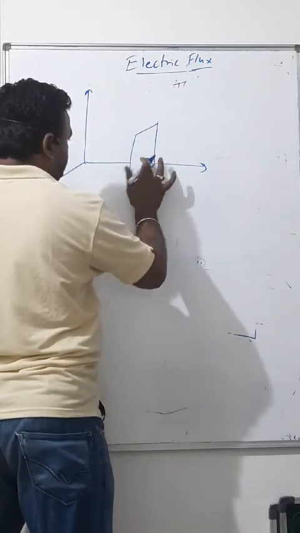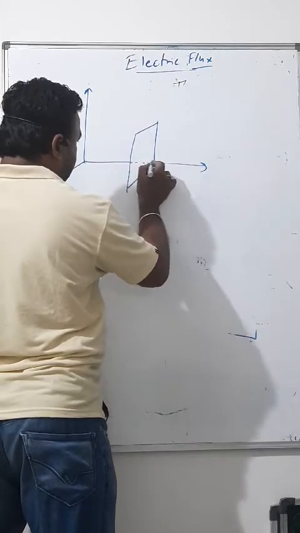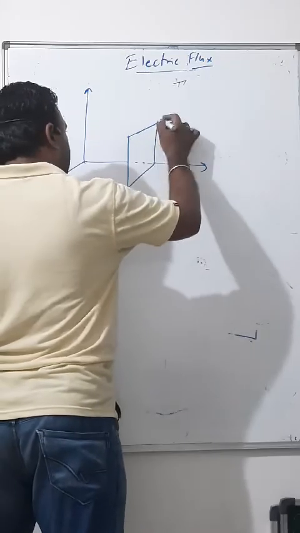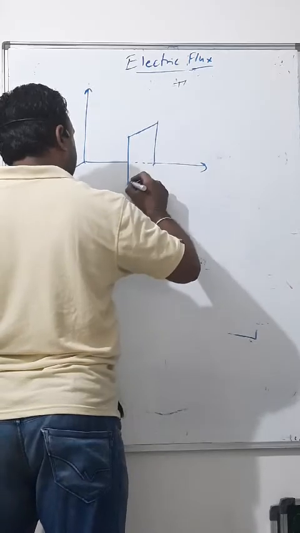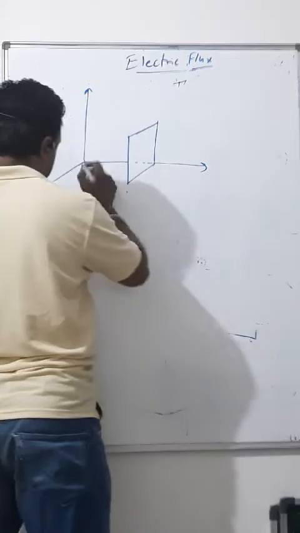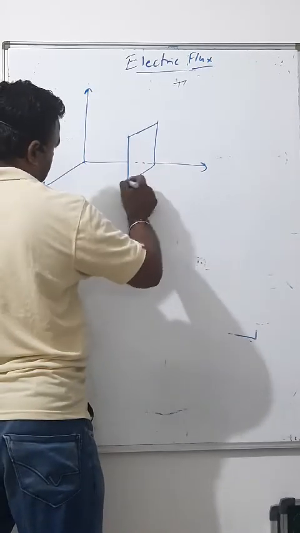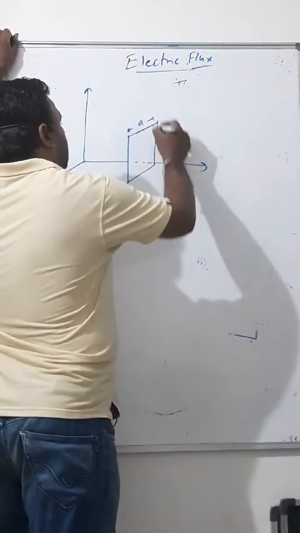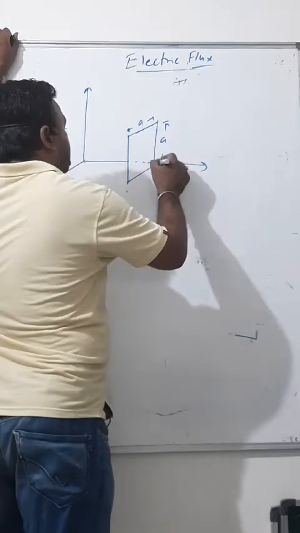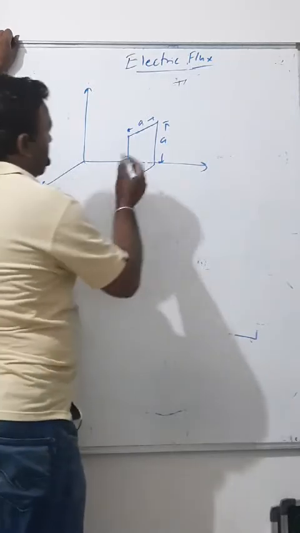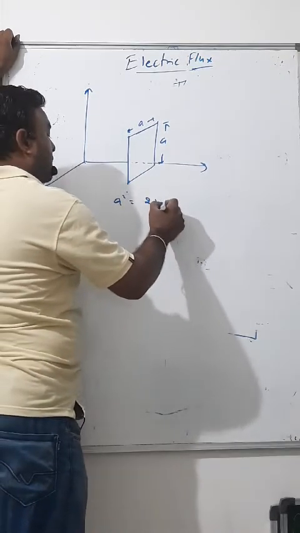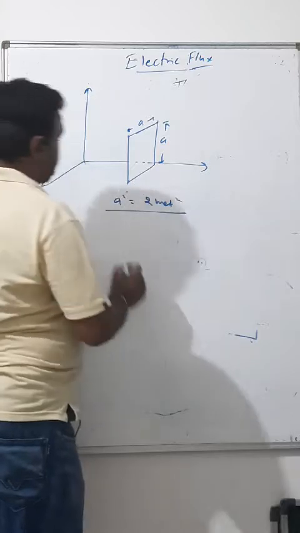Look here carefully. Now this is area A. This is simply some area. This A I take as 2 meter square, right?